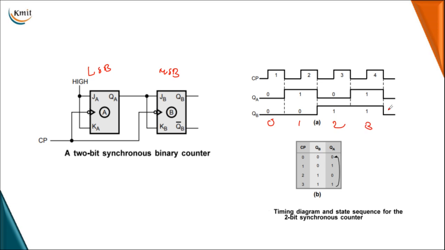Next it comes back to its initial state upon the fifth clock edge, which is 0. So 0 0 is the first state, 0 1 the next, 1 0 the third state, 1 1 the last state, and after the last state S3 it comes back to its initial state S0.